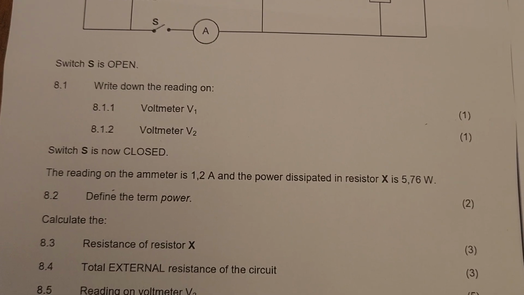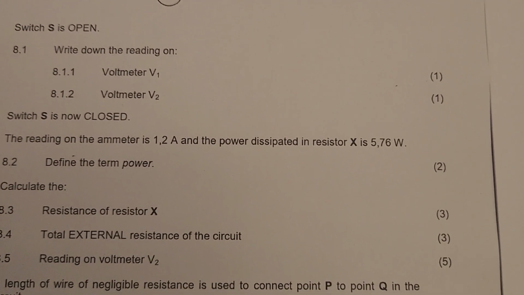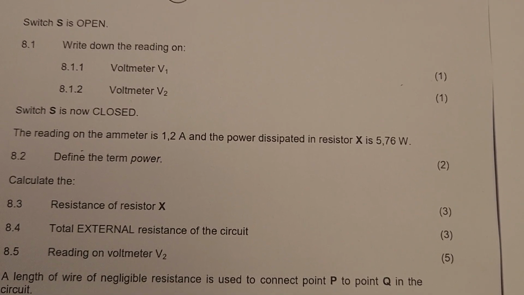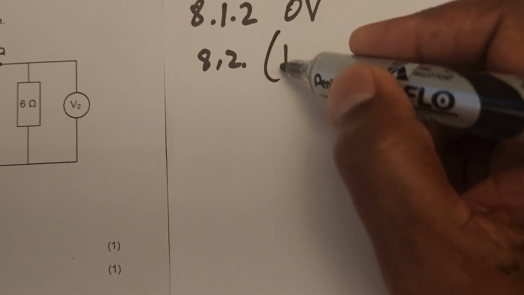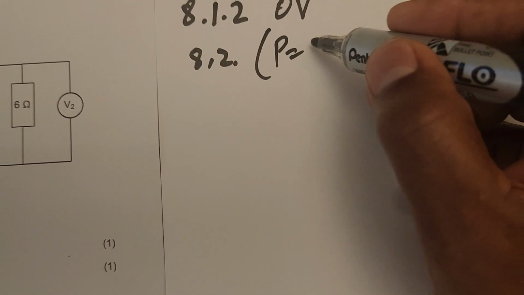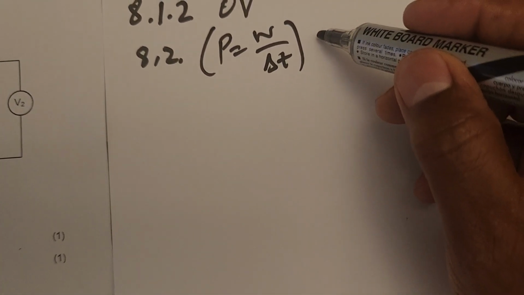Then the reading on the ammeter is 1.2 amperes, and the power dissipated in the X is 5.76 watts. Define power. We know from the formula of power in the formula sheet, W over delta t. Therefore, there are two definitions.